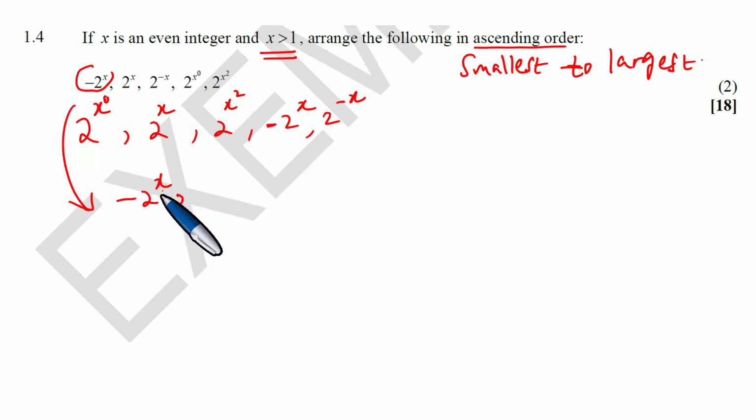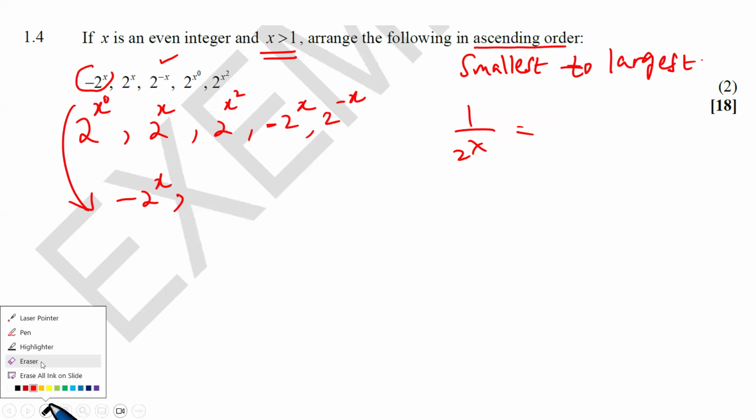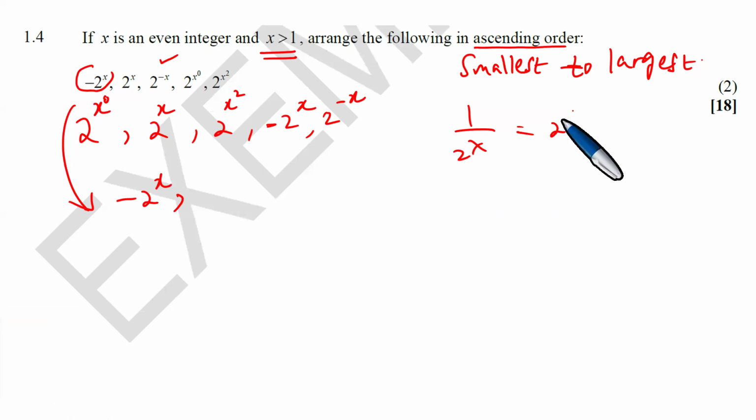Then the next number is a number with a negative exponent, because the negative exponent means 1 over 2 to the power x. If you have 2 to the power minus x like this.